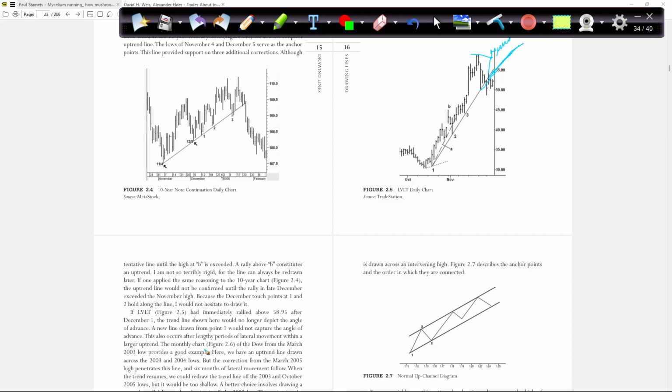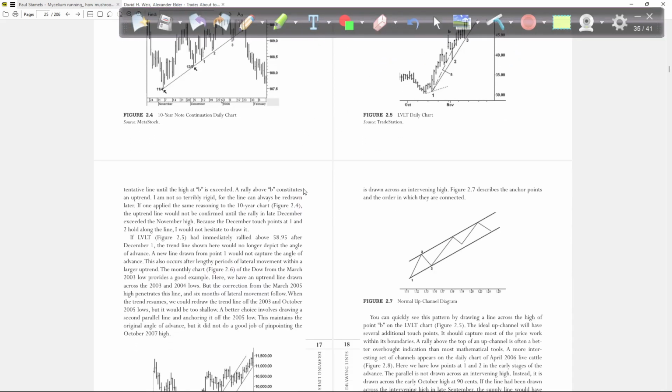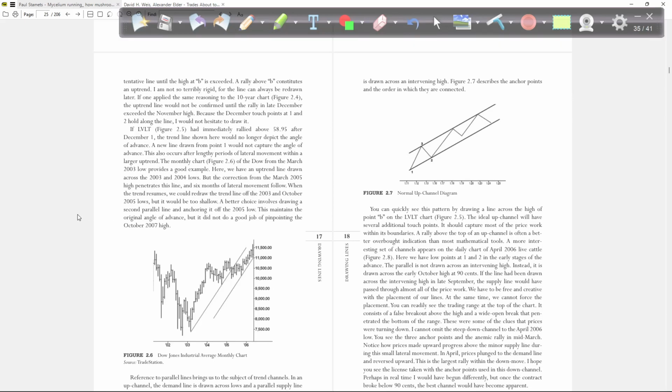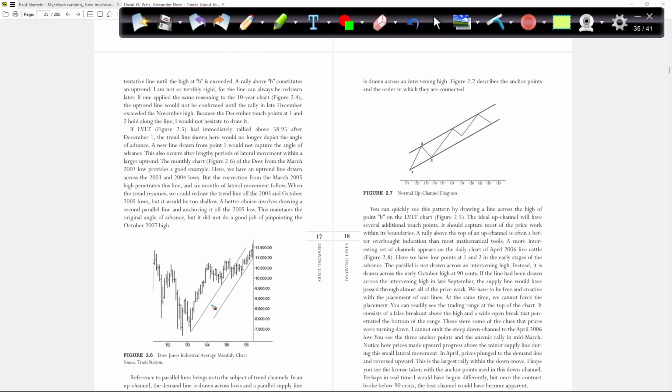The monthly chart, figure 2.6, here we are moving to the next point. The monthly chart figure 2.6, this chart here. The monthly chart figure 2.6 of the DAW from the March 2003 low provides a good example.